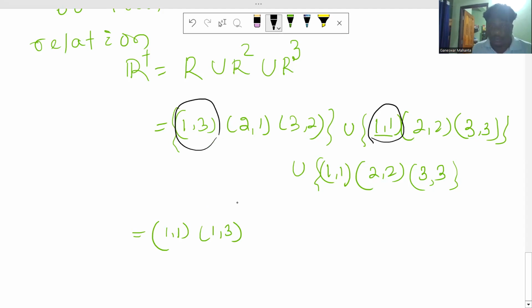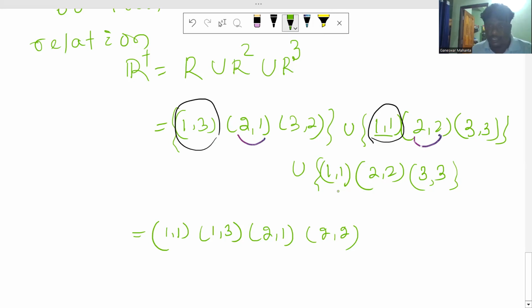Then the 2, 1 relation is there, so we define 2, 1. Then the 2, 2 relation. The 2, 2 relation is doubled, so we retain it a single time.